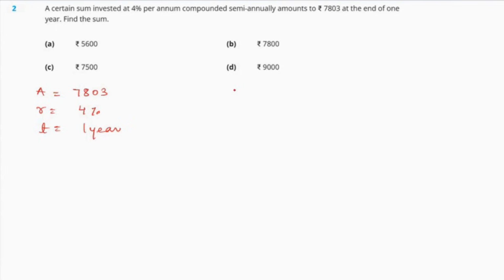We know the formula where the amount is equal to P times (1 plus R by 100) raised to the power N, or T. Now, the principal is not given to us, and we are supposed to figure out the principal only. What we can do is put all the values here like this, and it becomes 4 by 200, because we are supposed to divide the rate by 2.